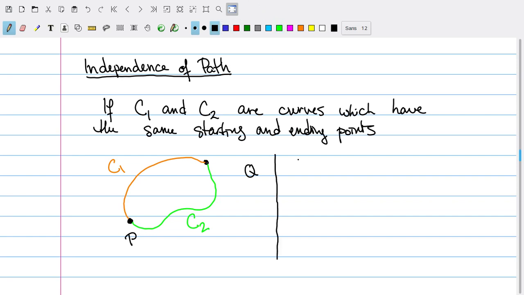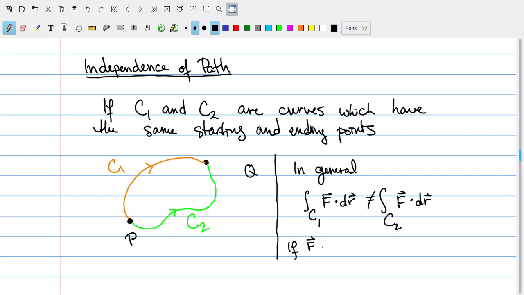In general, the integral of a vector field over C1 is not going to be equal to the integral of the same vector field over C2. However, if f is conservative, then equality does hold. So it doesn't matter which of our curves we take.